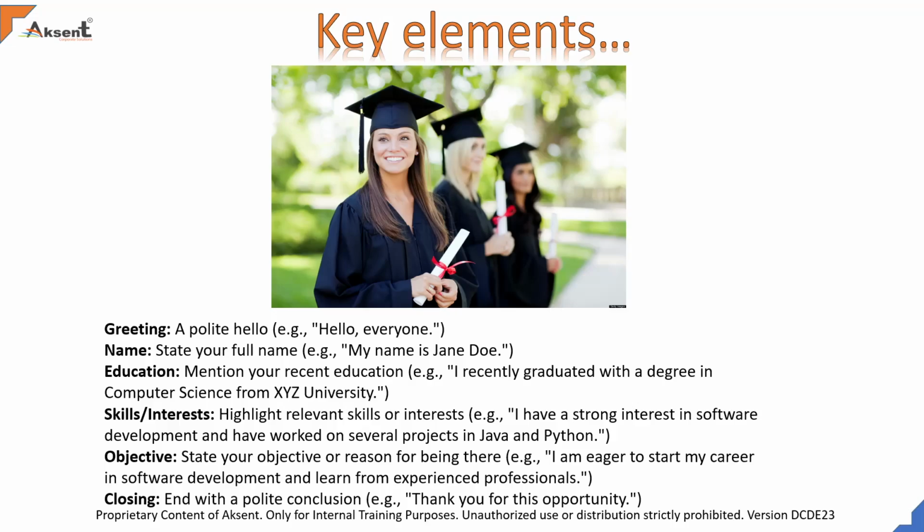And finally, you have to end with a polite conclusion stating how thankful you are for the opportunity to introduce yourself. So you have to remember all these key elements: greeting, stating your full name, education, skills, interests, and other background details.